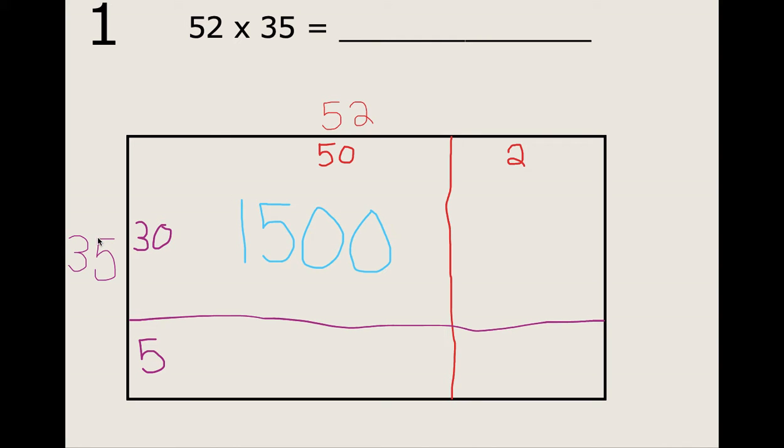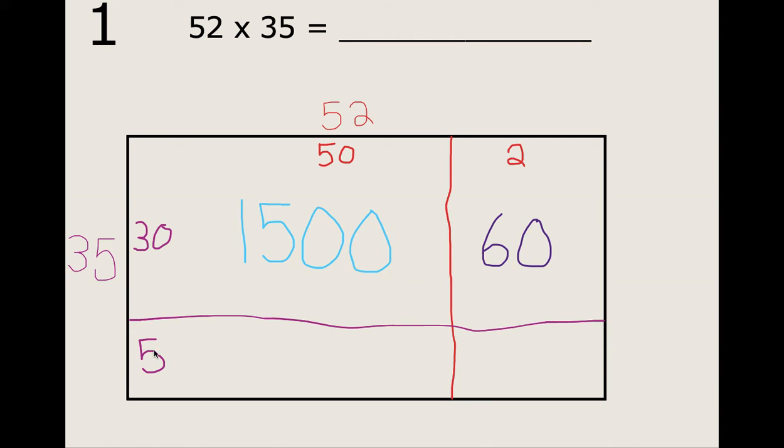Okay, so now we're going to do 30 times 2. Once again, you can ignore this 0 and just multiply 3 times 2, which is 6, and then add the 0 at the end, which will give you 60.